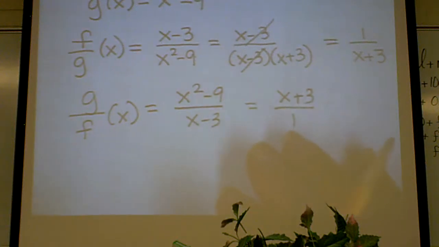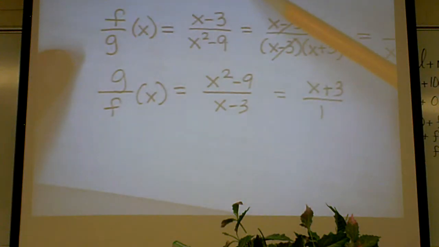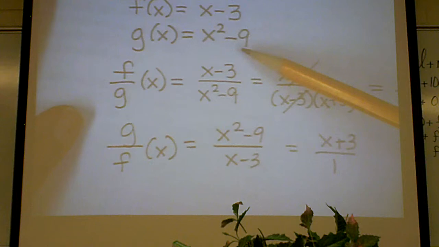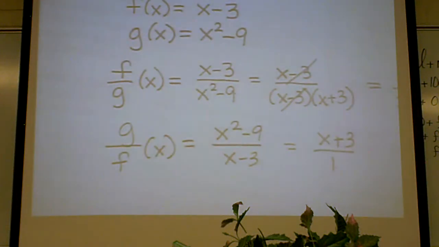You'll be given two functions. For example, on your test, it's going to say, given f of x is x minus 3 and g of x is x squared minus 9.